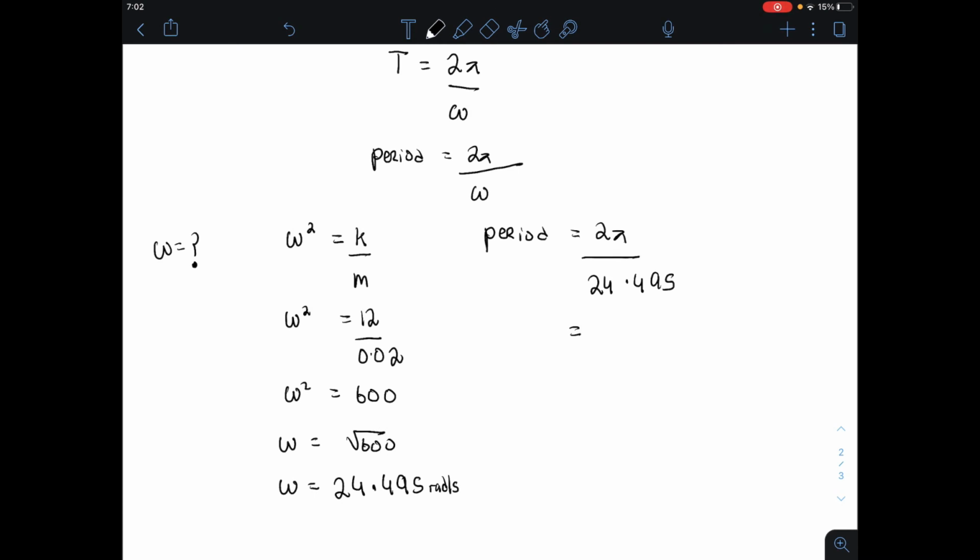Using the answer button in my calculator, I write in 2 pi divided by answer, and I get my period as 0.257 seconds, and rounding to 2 decimal places gives me 0.26 seconds.